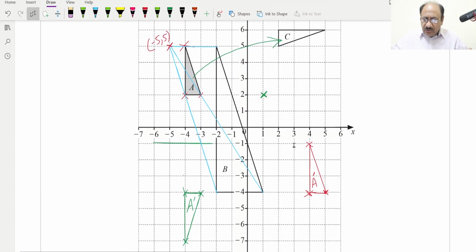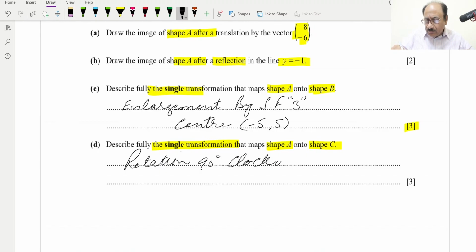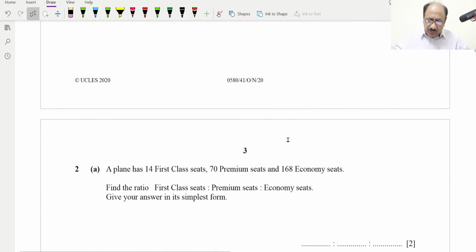So we can write here, this will be a rotation, 90-degree clockwise, and the center of rotation we can also mention over here. This is a 3 mark question.